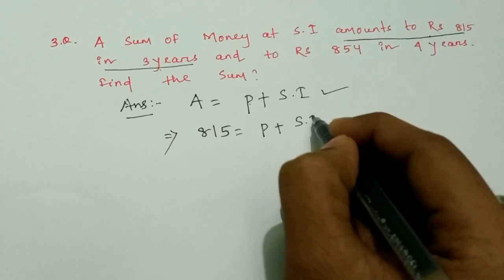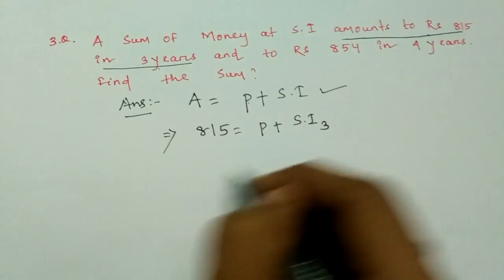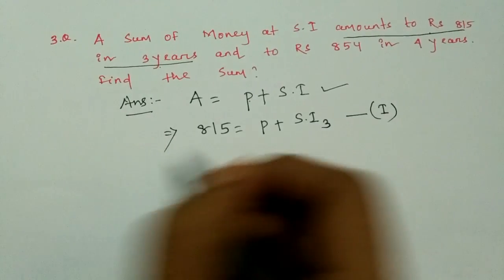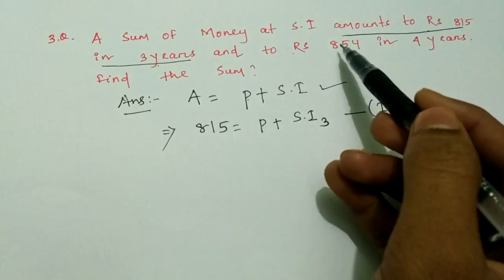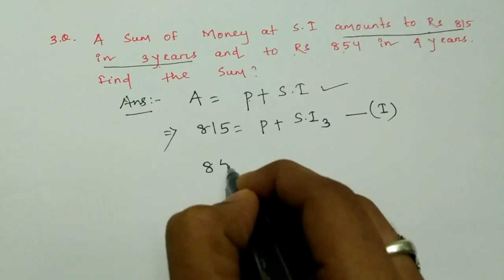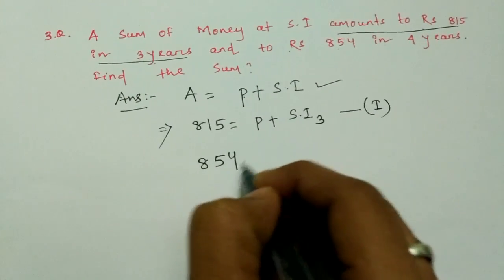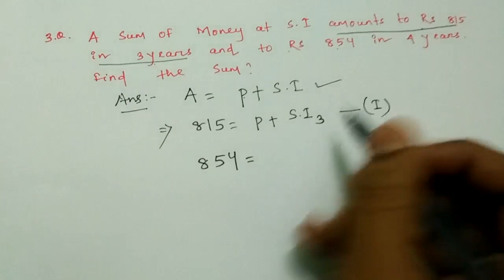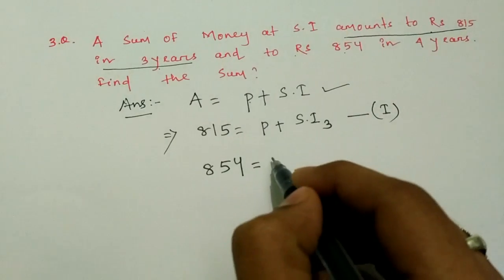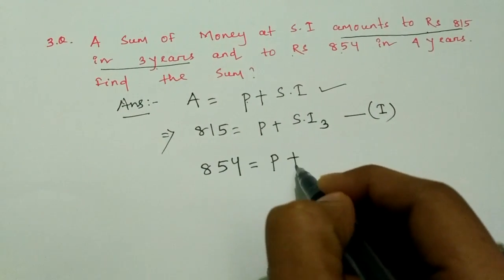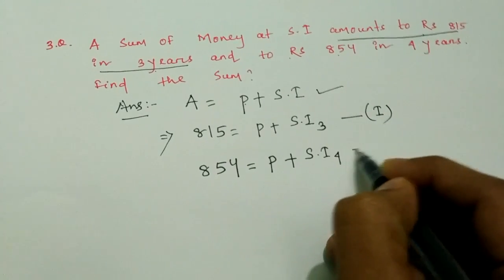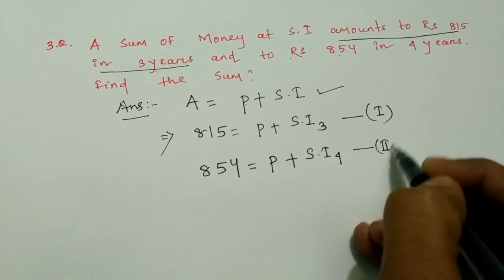So here the simple interest is counted for 3 years. Let it be equation number 1. Second thing, amounts to Rs 854. In the next statement, it says that it amounts to 854 rupees for 4 years. So I can say 854 equals principal plus simple interest for 4 years. That is equation number 2.